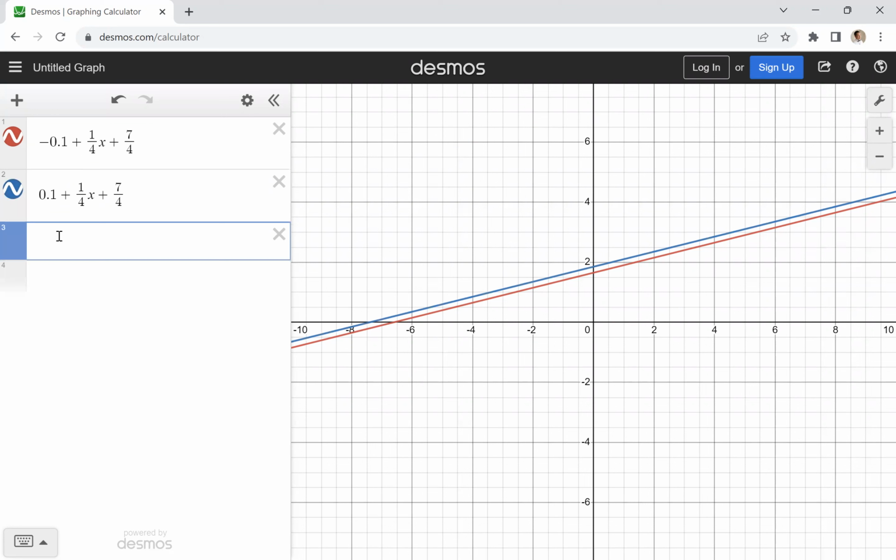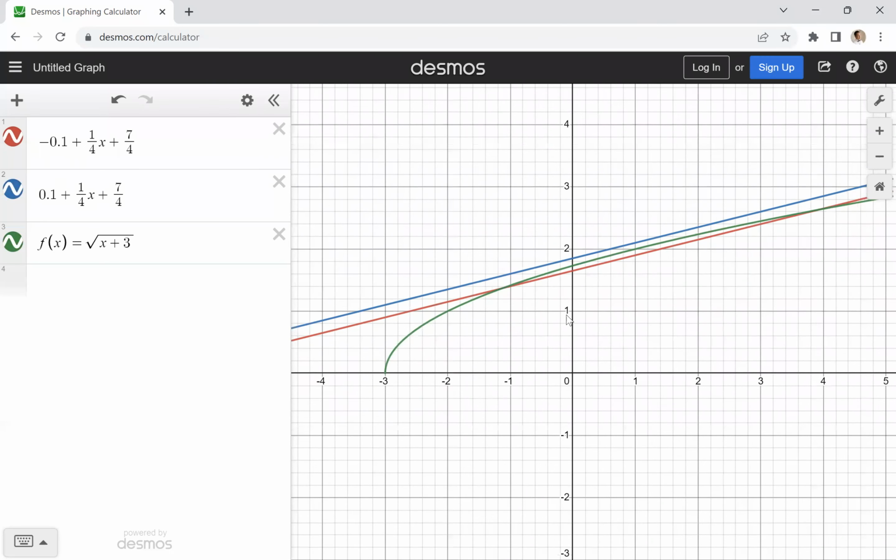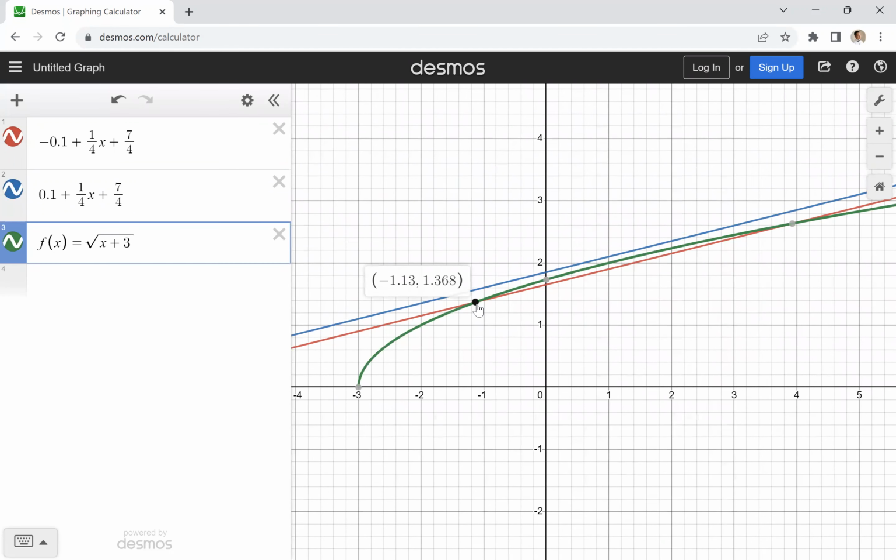Now, let's take a look at the function. f(x) equal to root of x plus 3. Notice that the function intersects at these 2 points. So that means the interval is between negative 1.13 and 3.93.